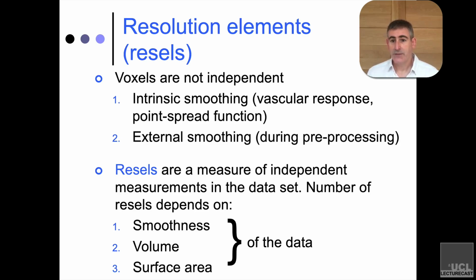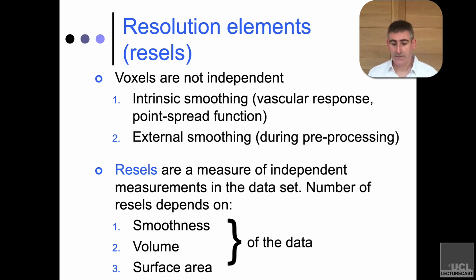And then in addition, there's all sorts of external smoothing that we've applied during image preprocessing. In addition to the actual smoothing where we smooth voxels into each other, we've also done a number of interpolation steps when we did realignment and when we did normalization. Both of those add smoothness to the data as well. So for all of these reasons, voxels aren't independent of each other.